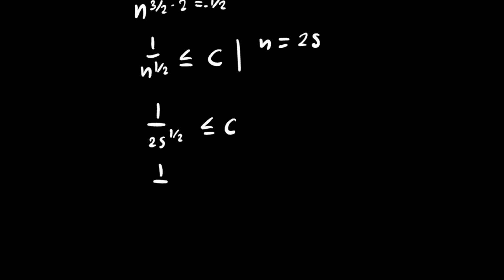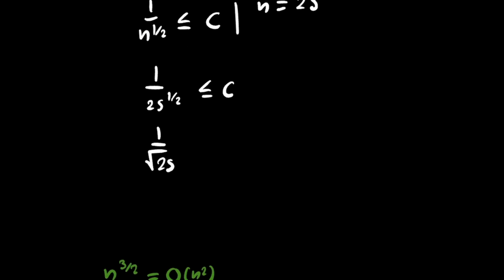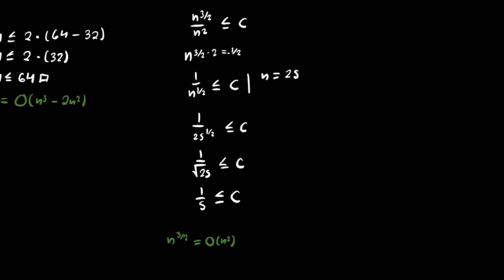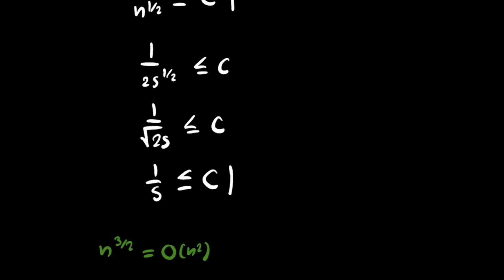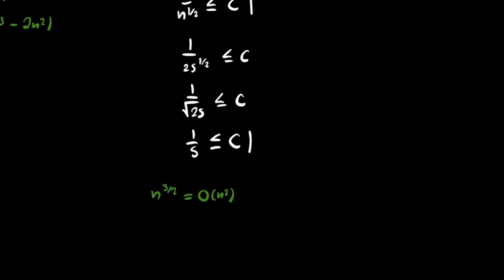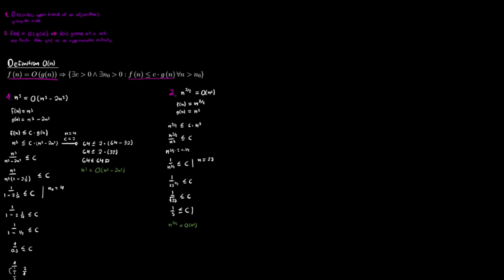Why? Because 1/2 is basically the square root of something. So we're going to have 1 over 5 less than or equal to c, right? And that is actually true. If we take, say, that c is 3 or 4 or 5, this will be fulfilled. Let's take another example.